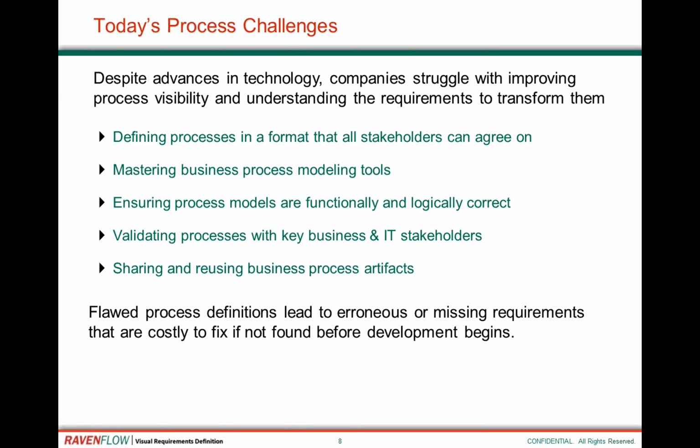So one of our goals at Ravenflow has been to help people find these missing requirements, and avoid this source of flawed requirements as early in the life cycle as possible, so that you don't suffer from schedule slippages and budget overruns, or at least certainly not to the degree that you do today. So those are some of those challenges.